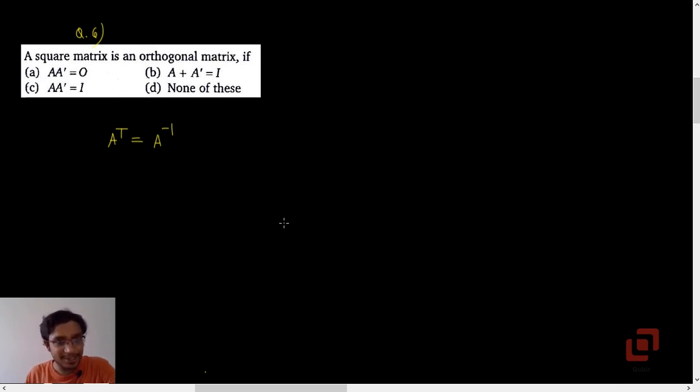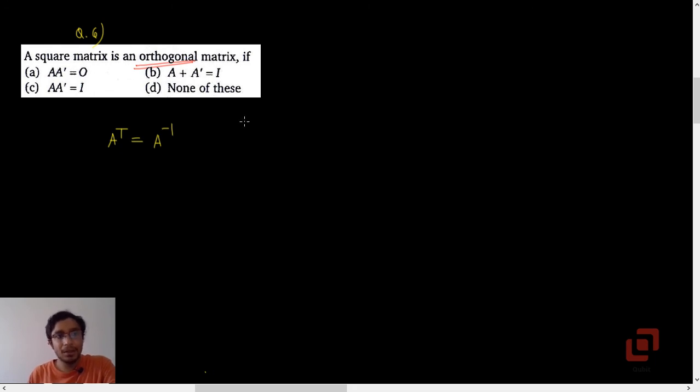Now 6 is very simple. A square matrix is an orthogonal matrix if: A into A transposed is a null matrix; A plus A transposed is identity matrix; A into A transposed is identity matrix; or none of these.